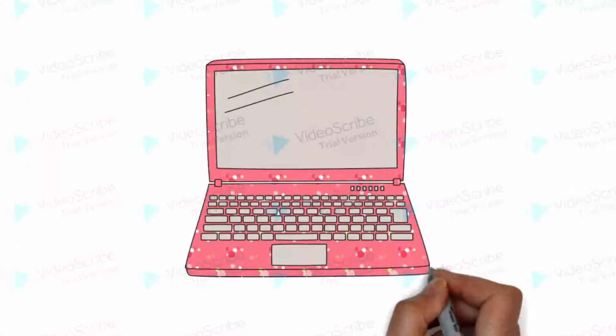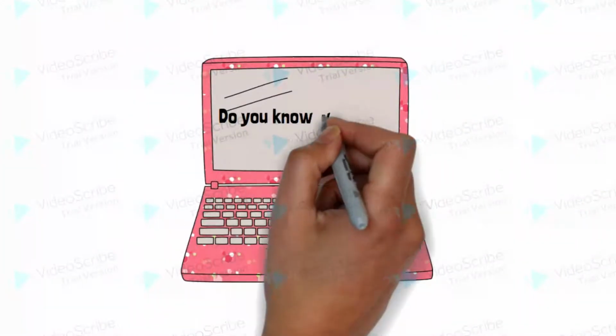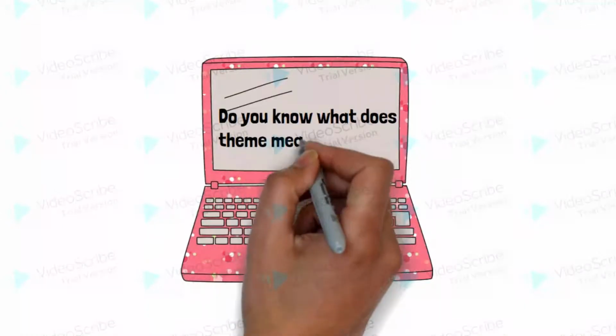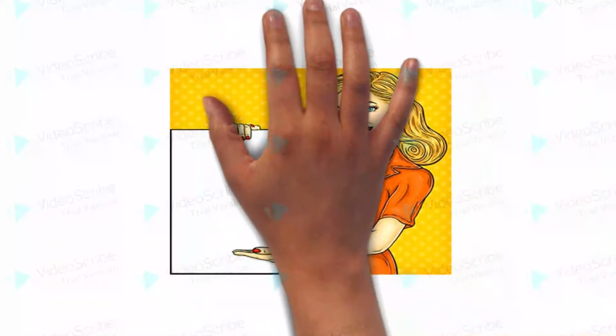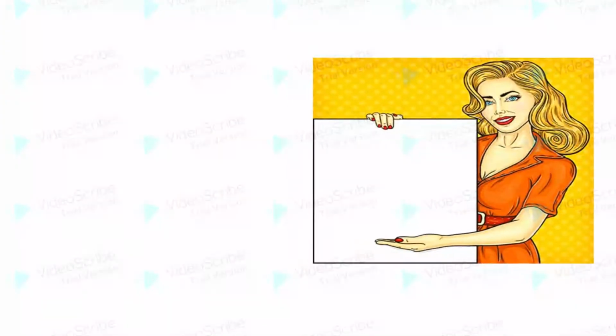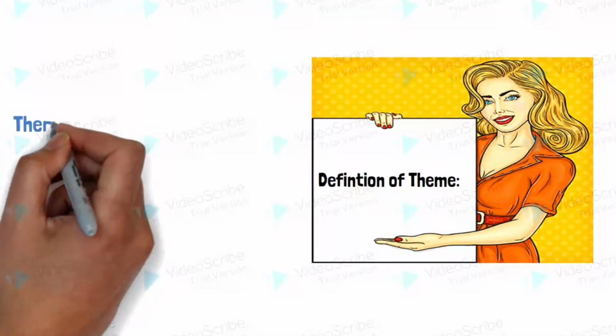Okay, so we have a clear idea now about the first element, which is narrative. Now let's move to the second element, and here is a question. Do you know what theme means? So, definition of theme.